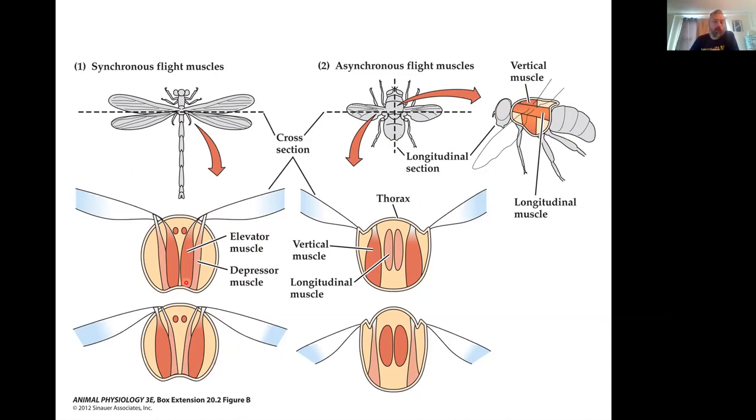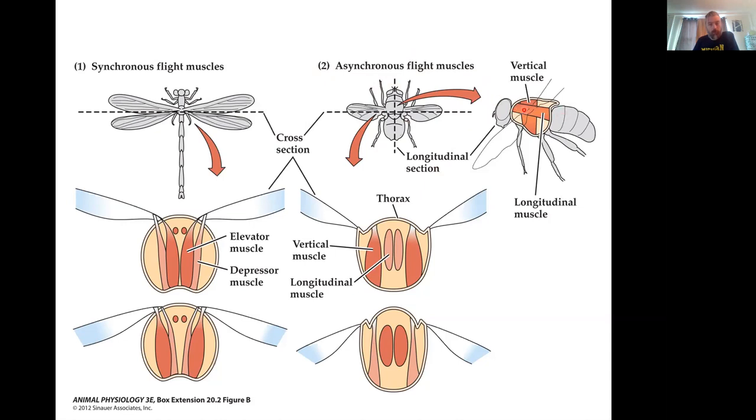But really where we spend the most time and are the most efficient is with what we call asynchronous flight muscles, which really heavily rely on that contraction and rebound kind of activity. Asynchronous refers to the fact that these muscles are not oriented in the same direction. We have vertical muscles and longitudinal muscles.